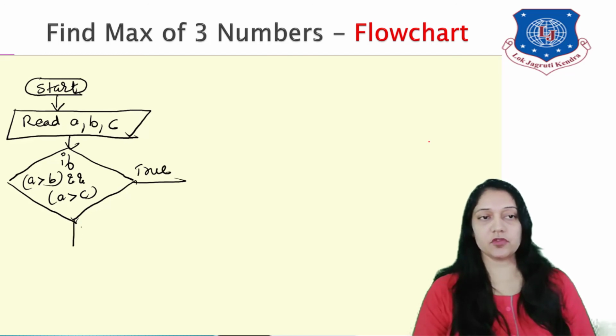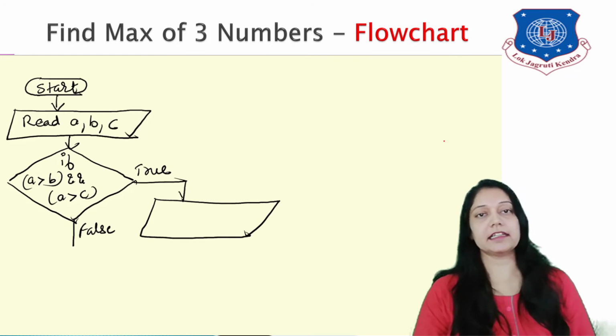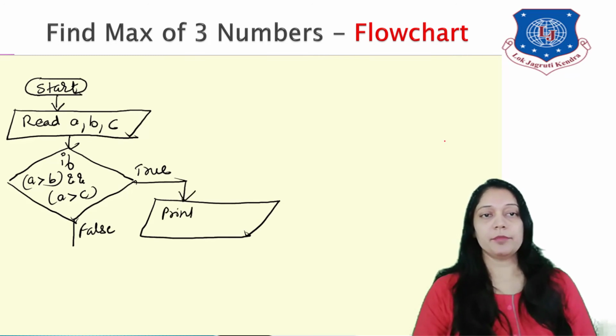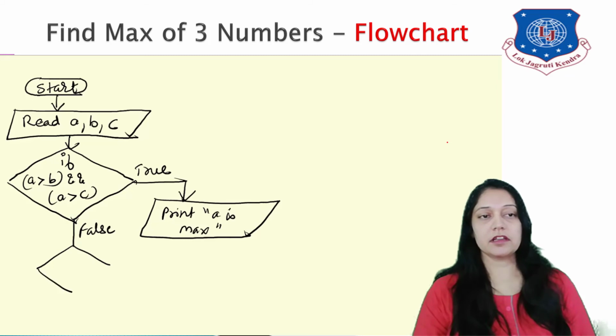So this condition can be true or false. If this condition is true, then I'll display that A is the maximum number, because A is greater than B and A is greater than C also. So I'll print A is maximum number. But if this condition is false, then I'll check a new condition. For that, I'll write if B greater than C. Again, we'll have outputs true and false.